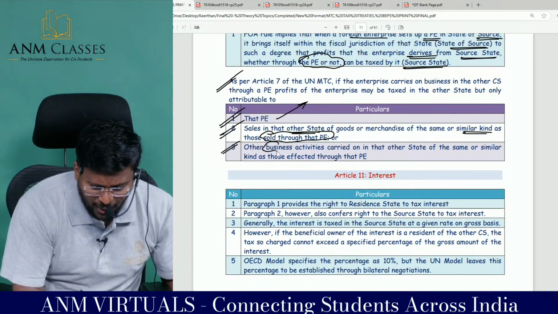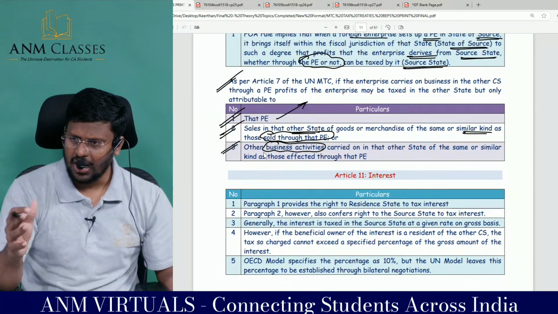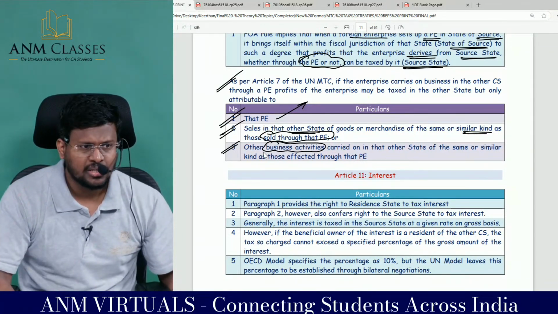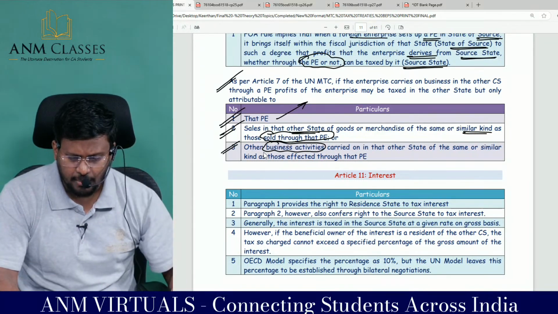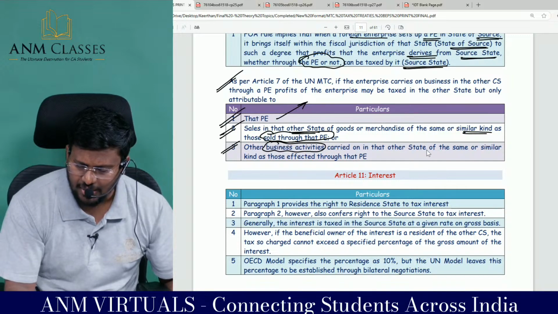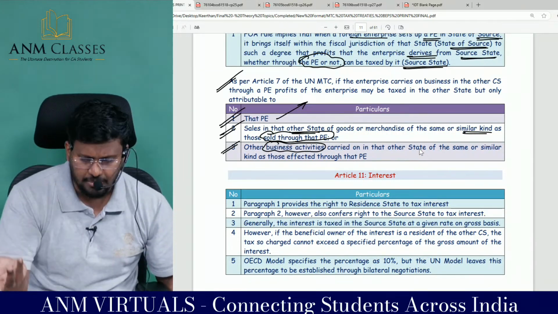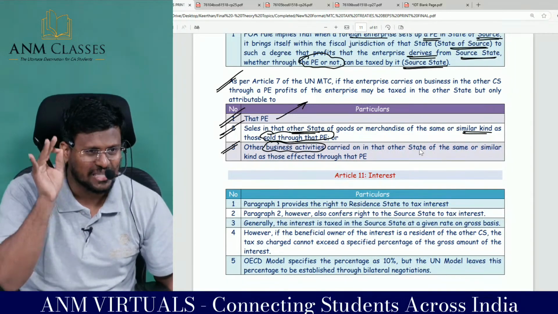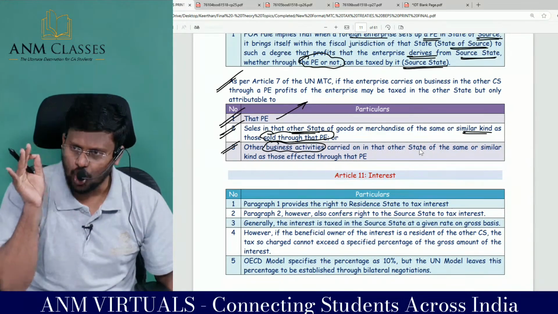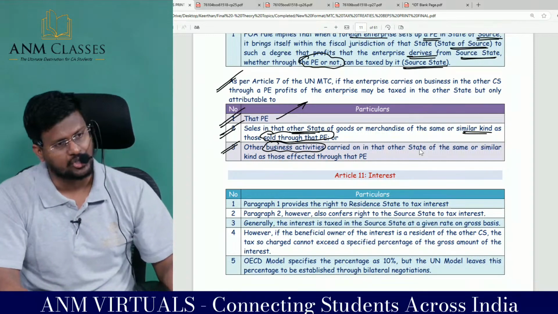And any other activity? For example, after selling that car, they are providing after-sale services. That is any other business activity carried on in that state of the same or similar kind as those effected through that PE. Those items will be taxable in India because of the limited force of attraction law.